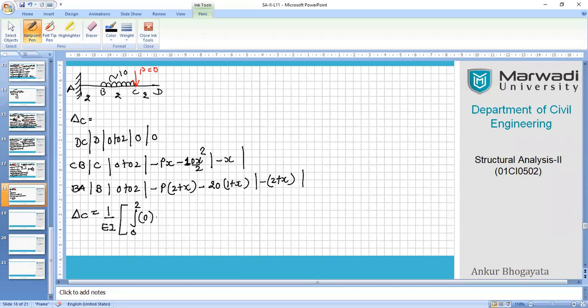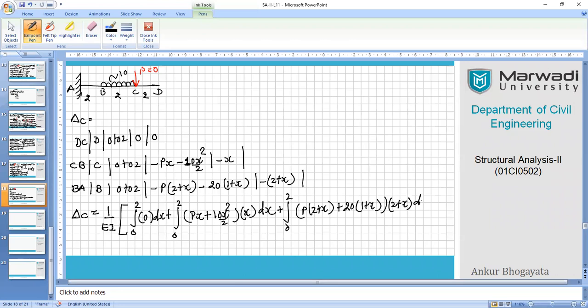First is, everything is 0, so there is no point of doing anything over there. 0 to 2, that is now Px plus 10x square by 2 into x dx, plus 0 to 2 of P into 2 plus x plus 20 into 1 plus x into 2 plus x dx.